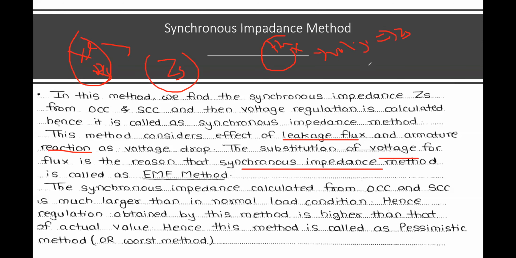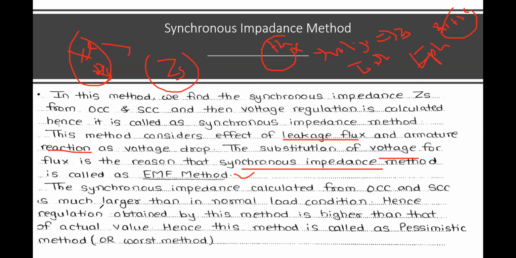Voltage means your EPH. This is the way we calculate it, and it is also called the EMF method. Why? Because in this we calculate EPH also by considering XS and XL.